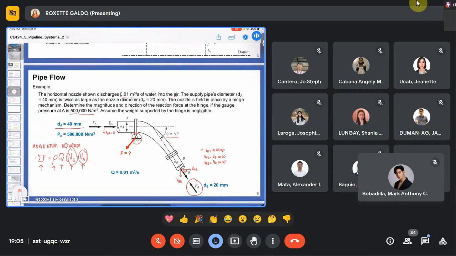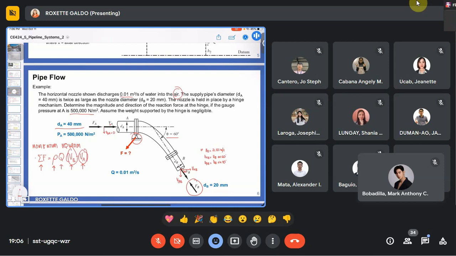Okay, none. So in the problem, it specifies in the first sentence, the horizontal nozzle shown discharges 0.01 cubic meter per second of water into the air. So meaning, point B is a free water surface. There is no pressure anymore, it is atmospheric pressure.